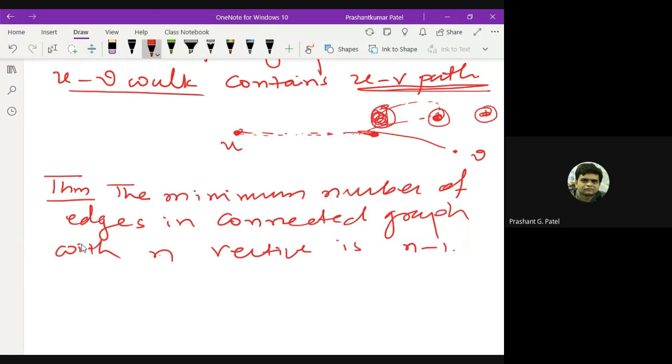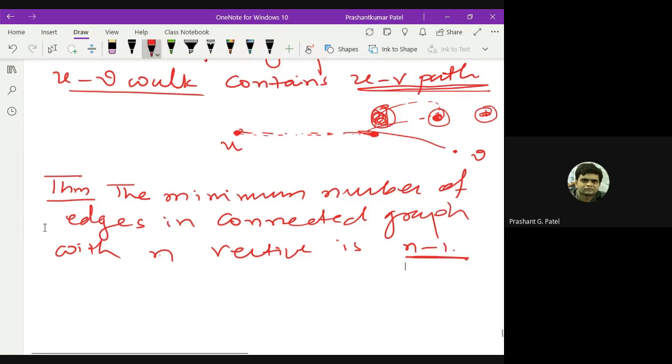So what this statement says is that if you consider any graph with n vertices, what is the possibility of minimum edges in that graph? The edges should always be n minus 1 if you want the minimum edges.